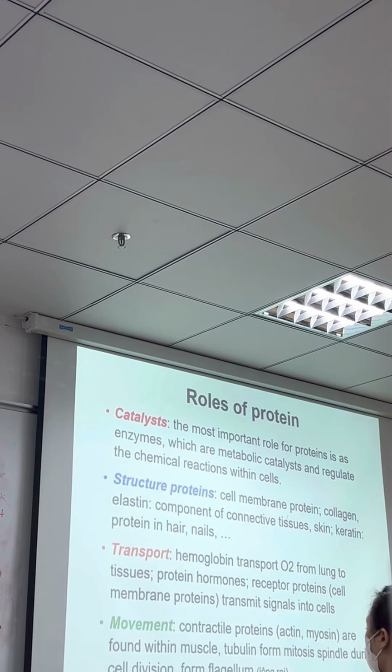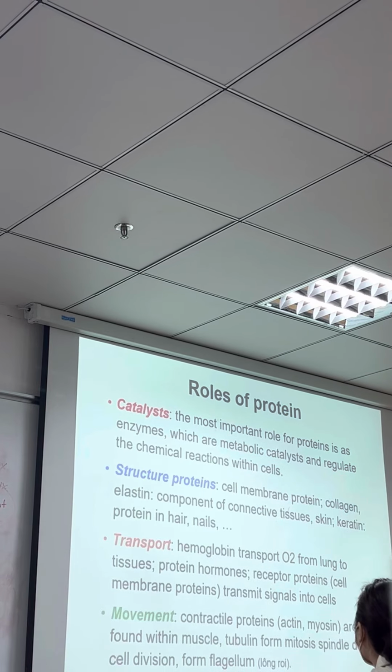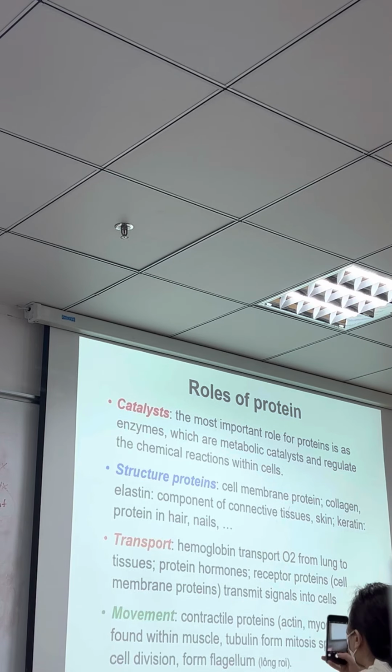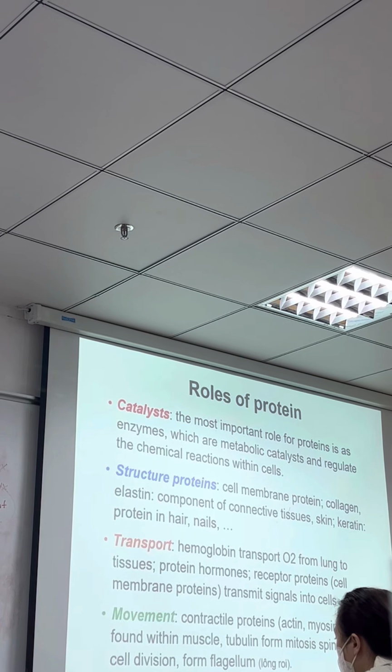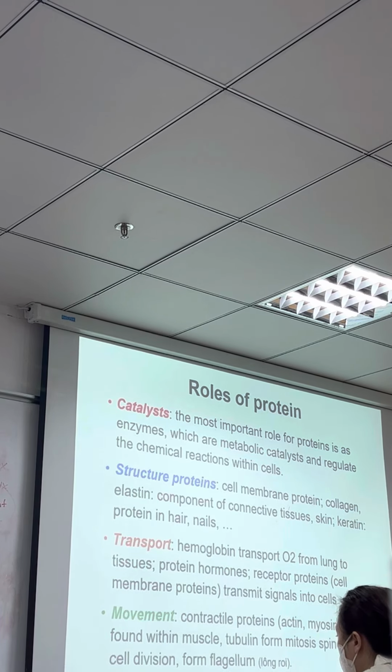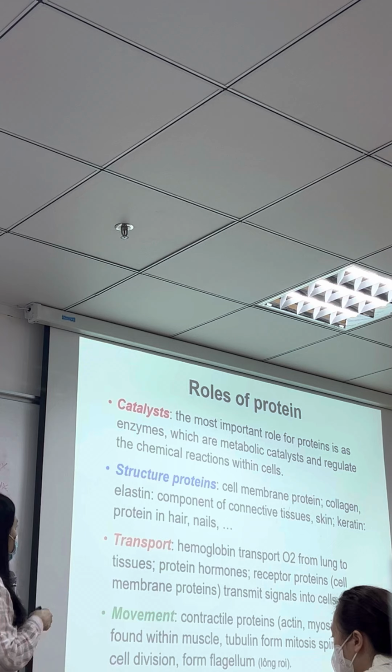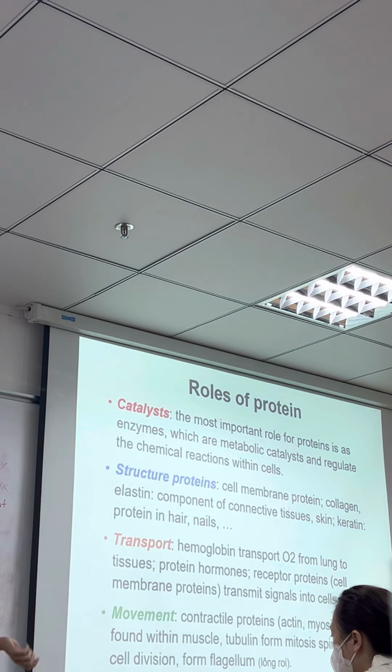Okay, so the roles of protein. It can be a catalyst, such as enzyme. Enzyme is the catalyst of metabolic reactions in our body. It can be structural protein, for example, the protein on the cell membrane, protein in our organs, in our tissue, and it can act as a transporter.